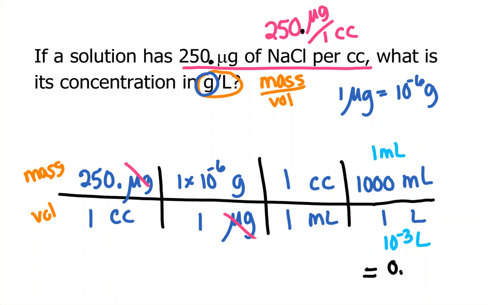Now on this one, my calculator gives me this. But let's look at our sig figs. In our given, we have 3 here. These are exact by definition, so I should have 3 in my answer.